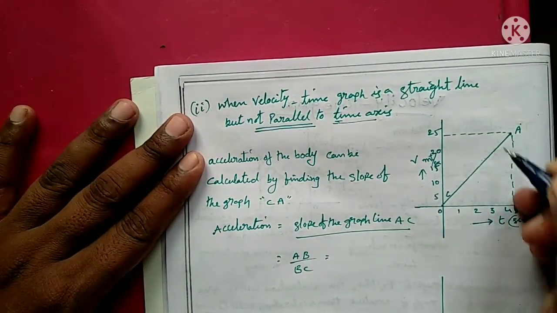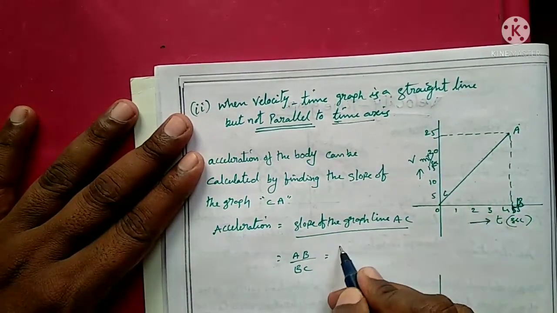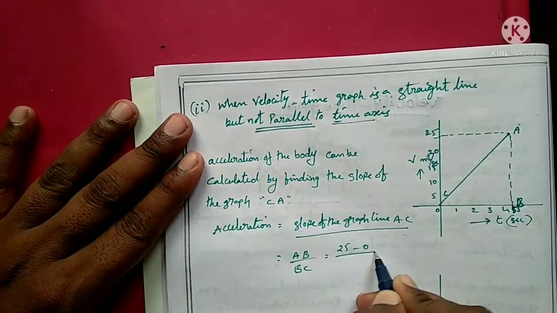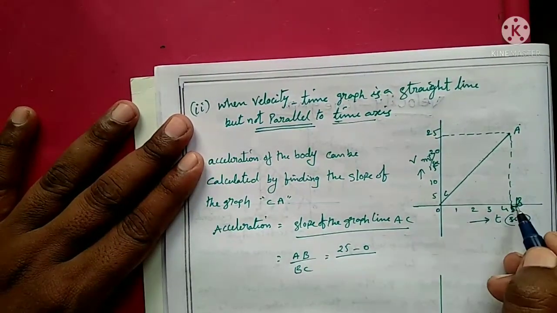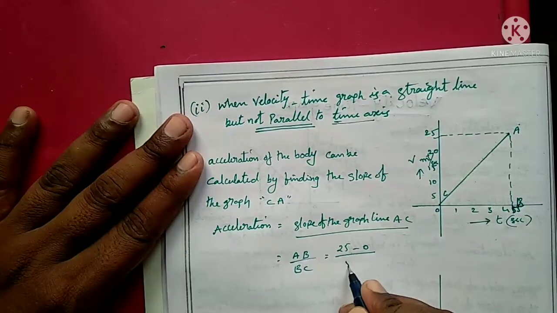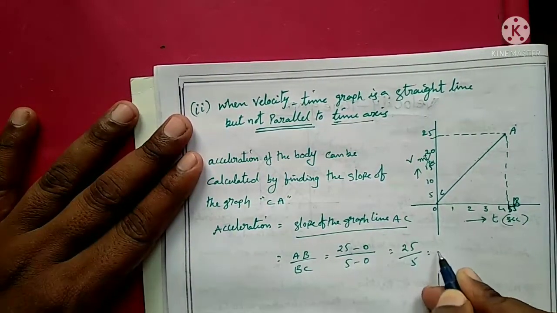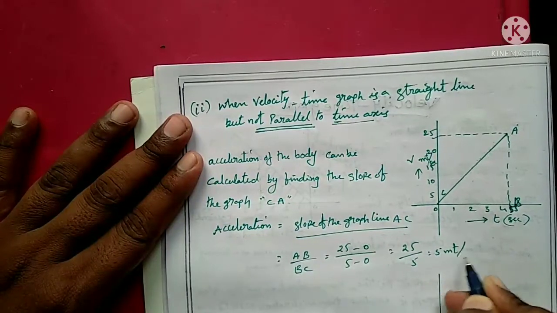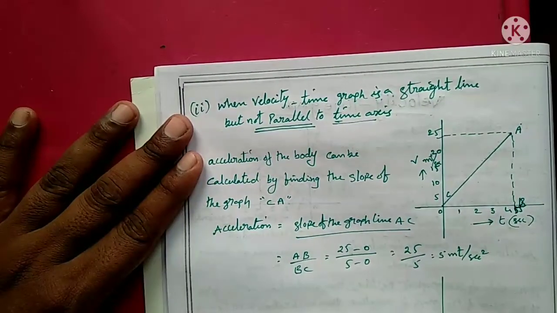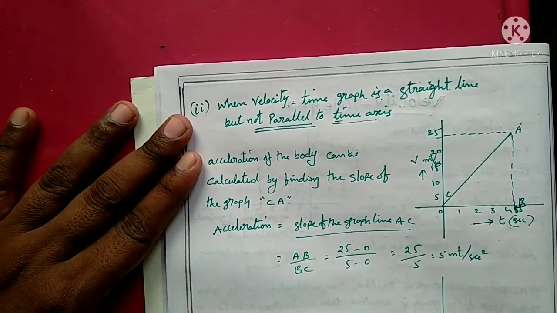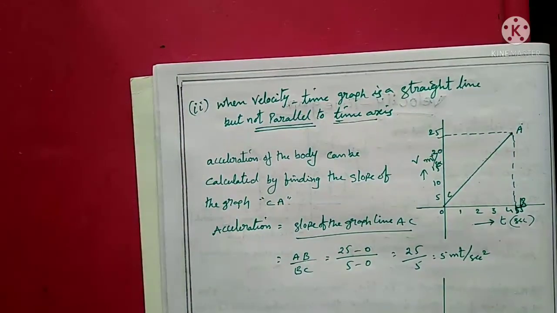That is AB: 25 minus 0. BC: 5 minus 0. 25 by 5 is equal to 5 meter per second square. That is the acceleration of the body.